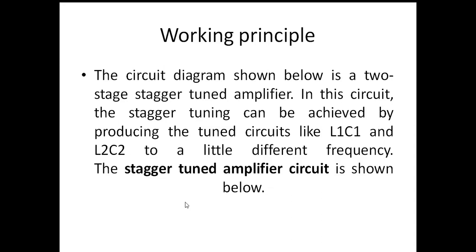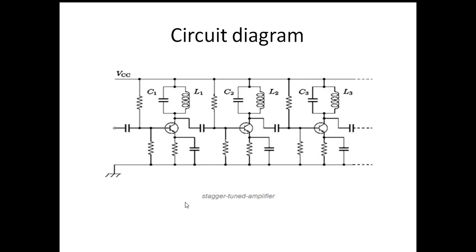The circuit diagram shown in the next slide is a two-stage stagger tuned amplifier. In this circuit, the stagger tuning can be achieved by tuning the circuits L1C1 and L2C2 to slightly different frequencies. The stagger tuned amplifier circuit is shown below.